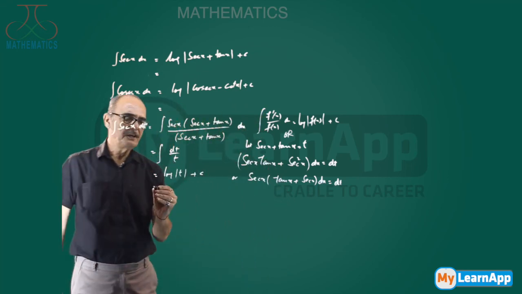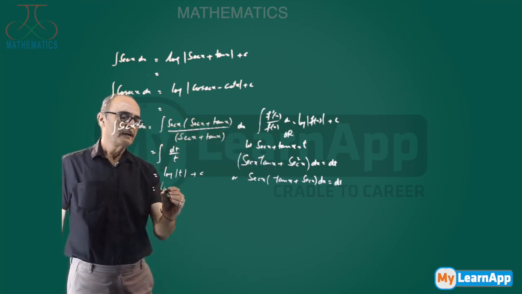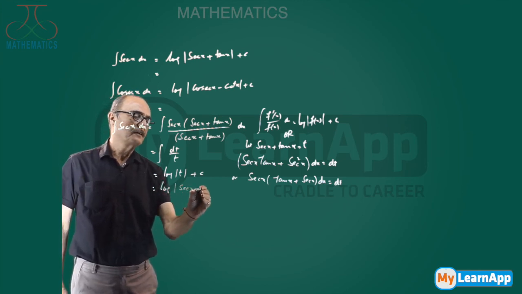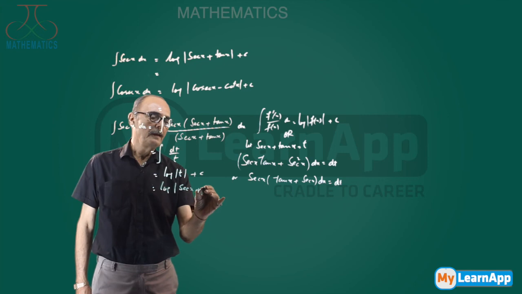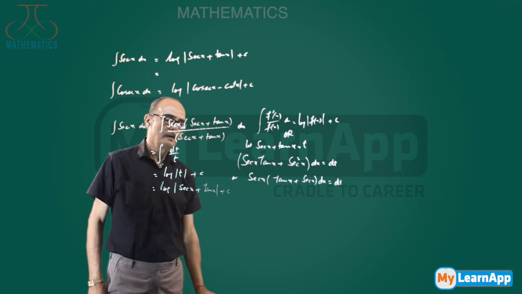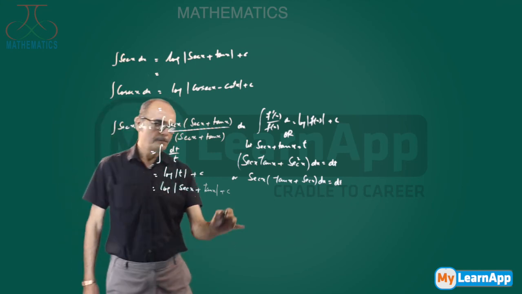Now, replace t by log of secant of x plus tan of x plus c. This is the first form of this.